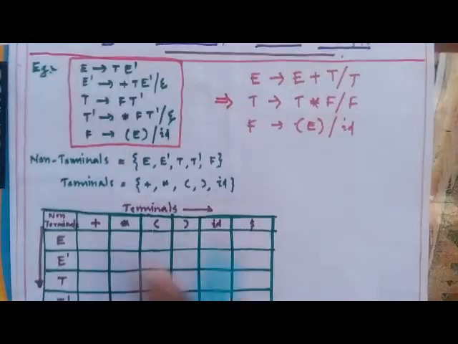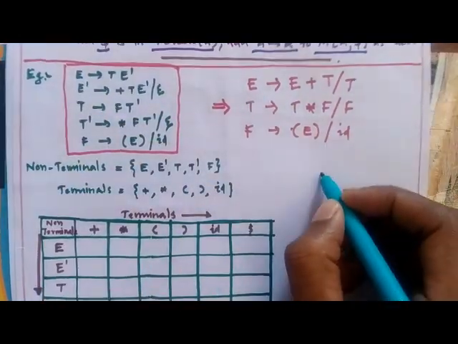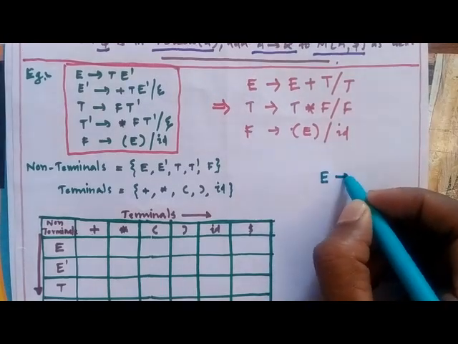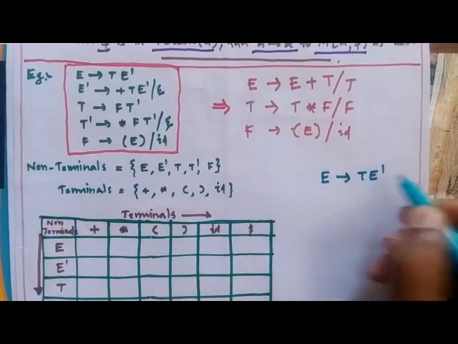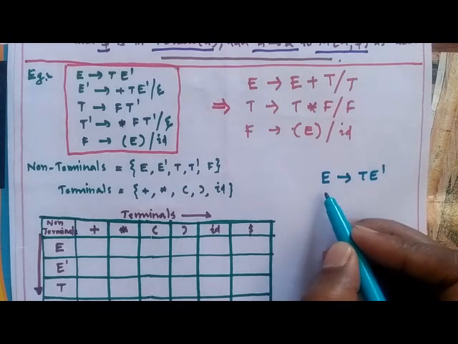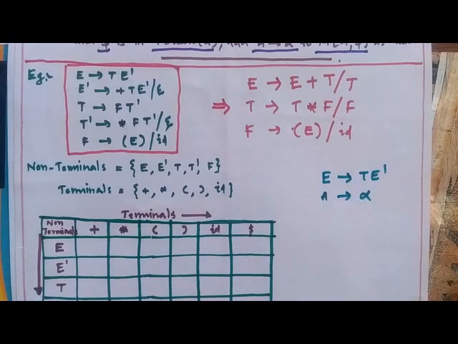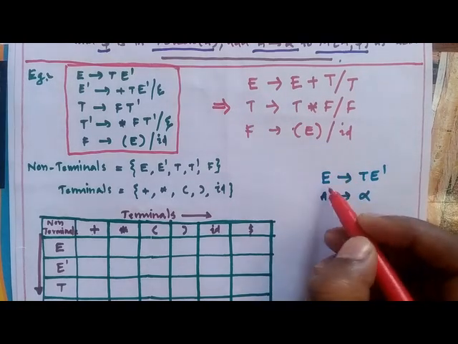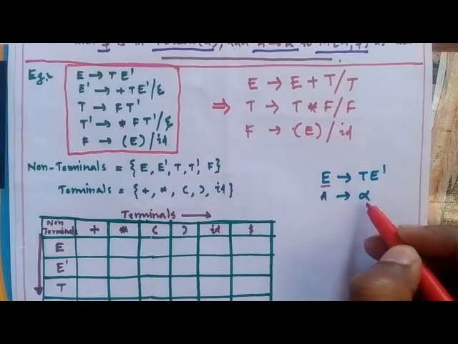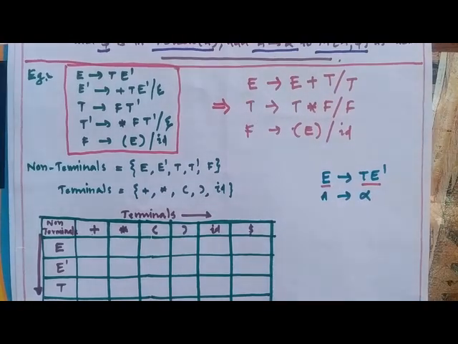The first rule present in the grammar is E gives T E dash. This is of the form A gives alpha, where A is E and alpha is T E dash.